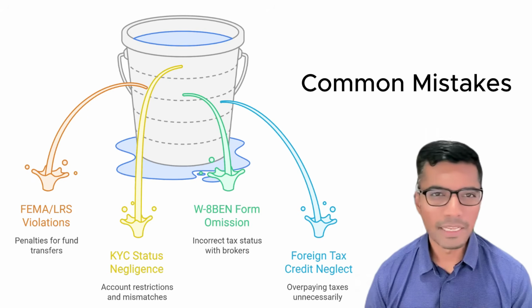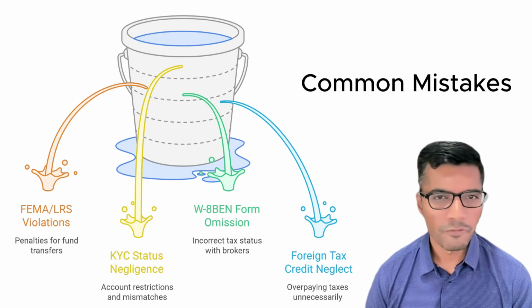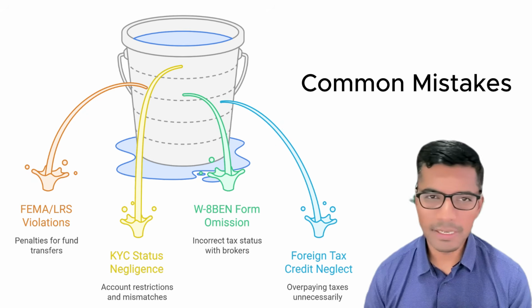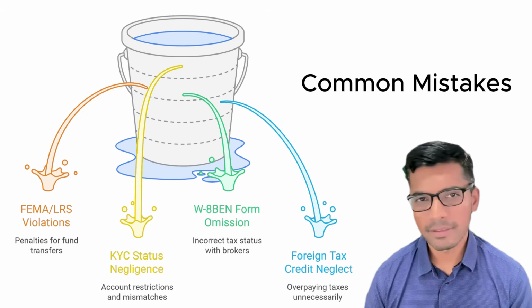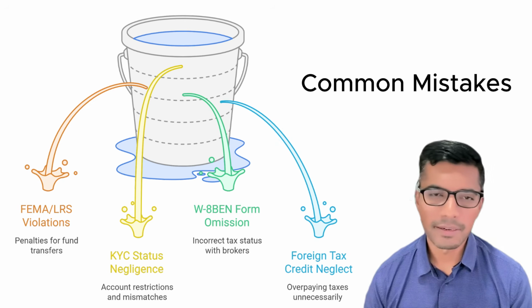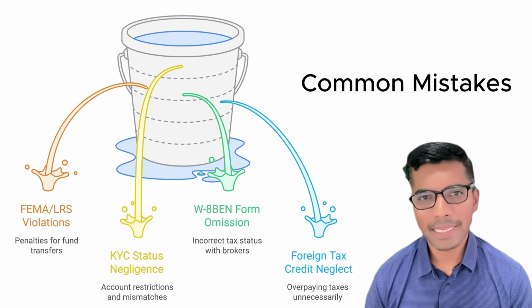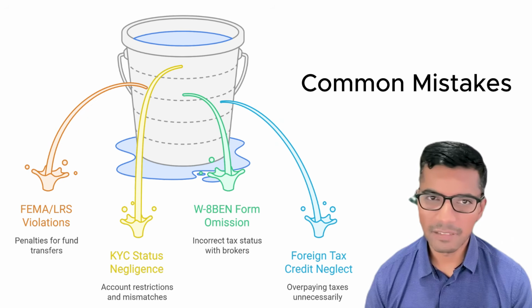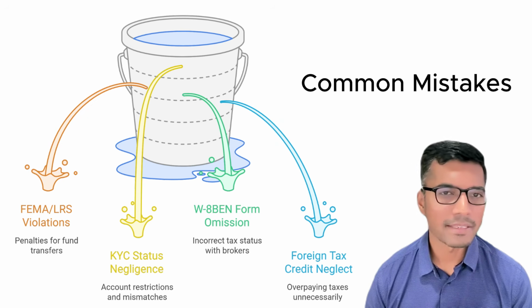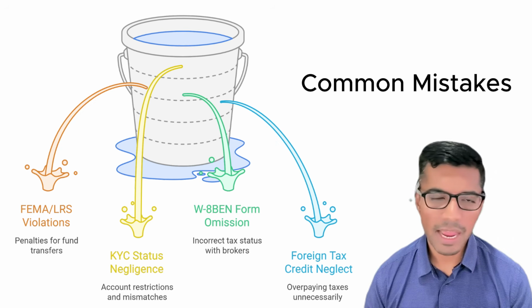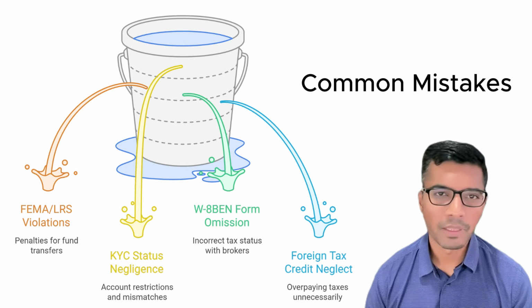Here are some common mistakes that people make. First, sending new funds from India for options and derivative trading in US. This violates FEMA and LRS, and it could attract penalties. Second, failing to update your tax residential status and KYCs with your banks and brokers. This could lead to account restrictions and tax mismatch.